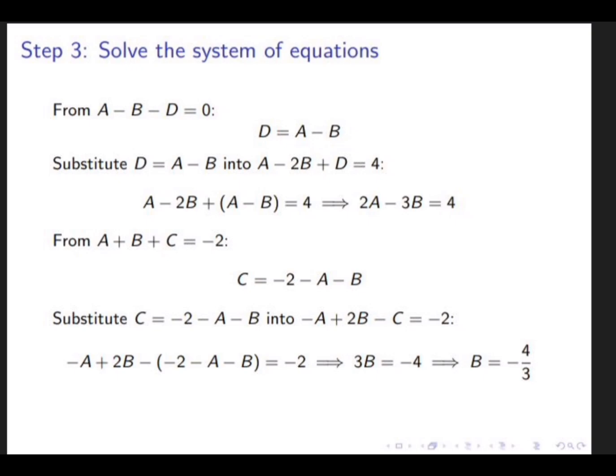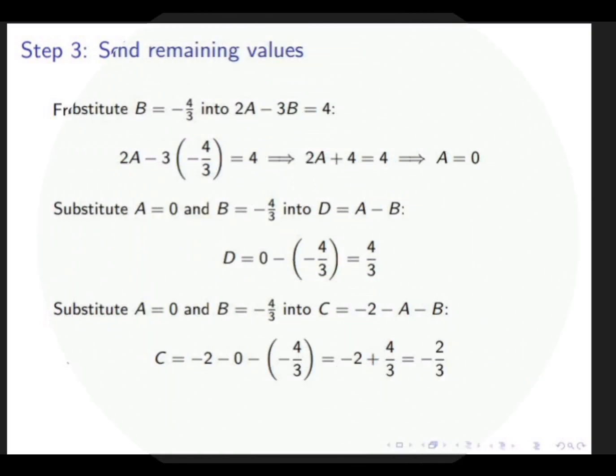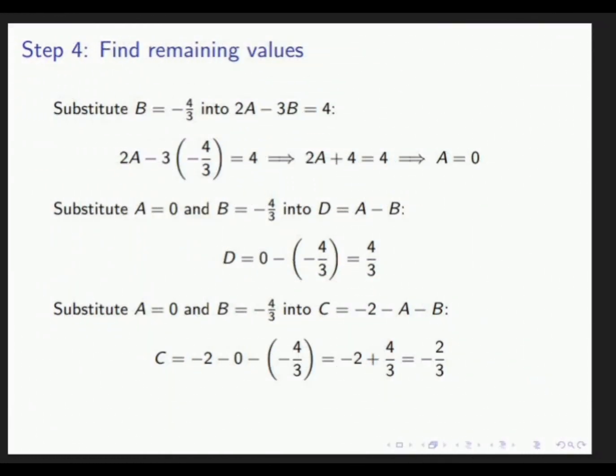So we solve for the remaining values. Since we've already gotten b to be minus 4 over 3, you just substitute it back into the equations we already have.